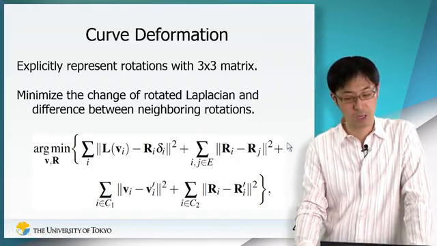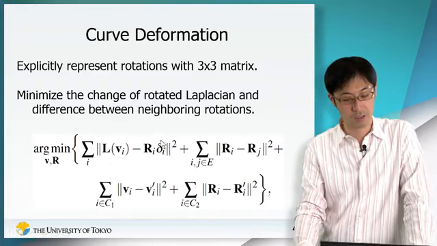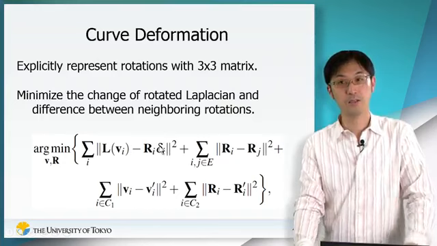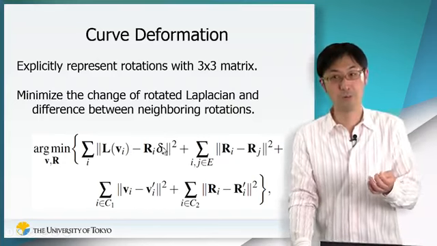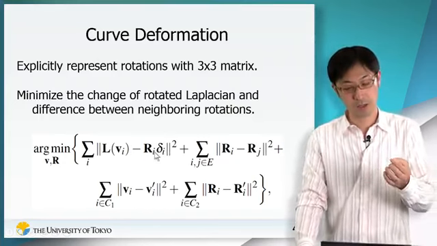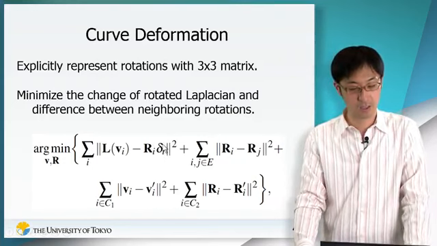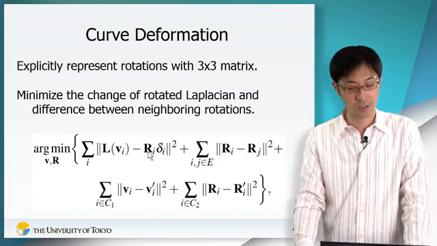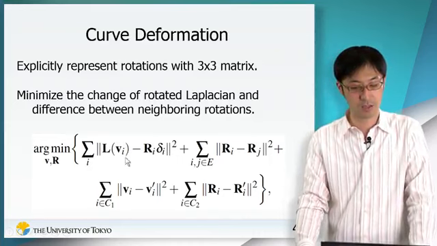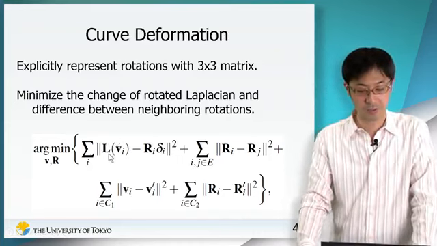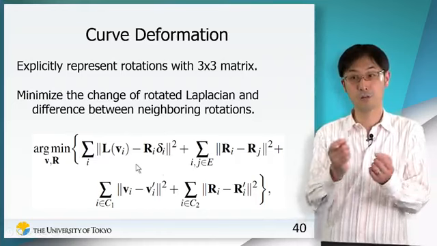And what we minimize here is a difference. So this is a small Laplacian, which means the difference of the current position from the surrounding positions. And then the current difference is rotated and compared to the updated Laplacian. And this preserves the local details.